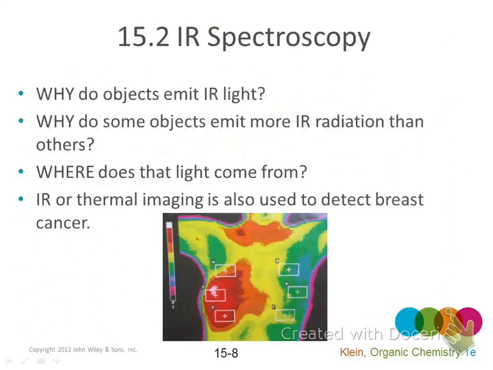And one of the non-invasive ways that they've been trying to come up with for looking at breast cancer, since this is Breast Cancer Awareness Month, is to use thermal imaging to detect the growth of a tumor. That's why I was writing in pink. It was actually pink, it just looks red. So that's actually what that image is showing, a tumor on the right side of that woman's chest.